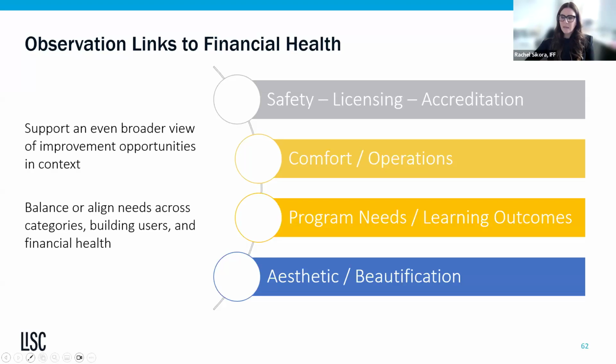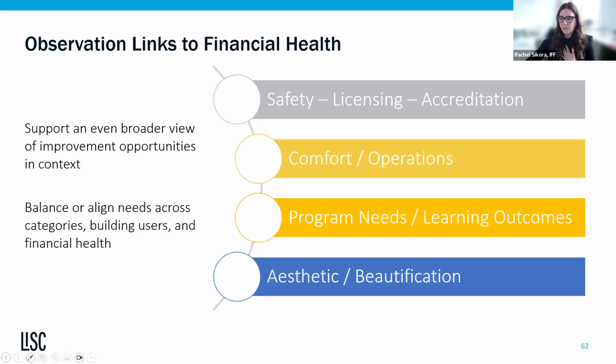Some items, particularly aesthetic improvements like flooring and paint, have a big impact on how a space looks or feels, while some are very hard to see. Think about electrical improvements so that your electrical system has the capacity to support your program needs, or plumbing improvements so that you can flush the toilets when those little ones are potty training, or think about mold remediation and how important that is to your children in the center and staff too, breathing clean air.